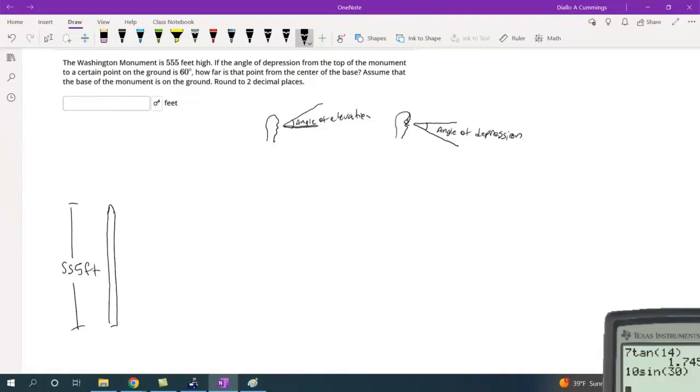If the angle of depression from the top of the monument, so at the very top of the monument, if there were a person standing there, their horizontal line of sight would extend this way, correct? So for the angle of depression, they would actually look down at the ground. So this would be our 60-degree angle. All right, this angle.